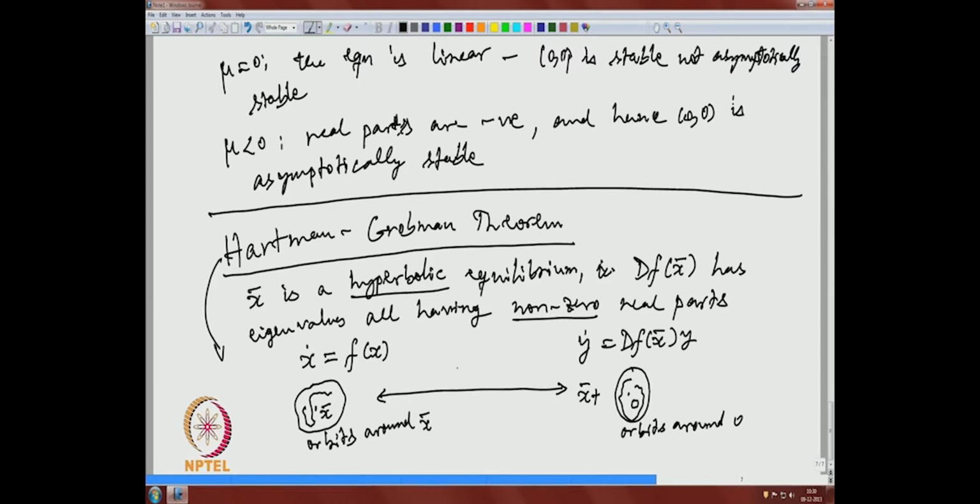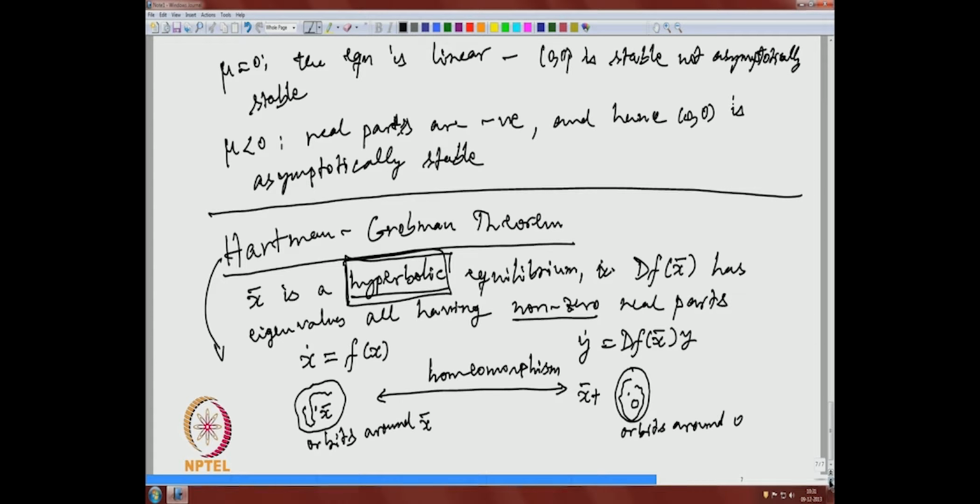They are linked by a homeomorphism. So, it is an interesting and important theorem. Locally it describes the situation around a hyperbolic equilibrium point. The orbits of the nonlinear system can be gotten from the linear system and vice versa. This is an important result, and this happens only around a hyperbolic equilibrium point.